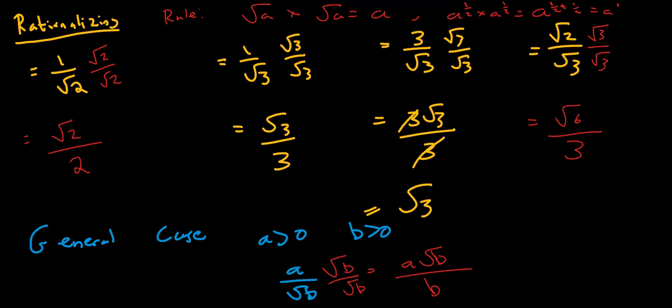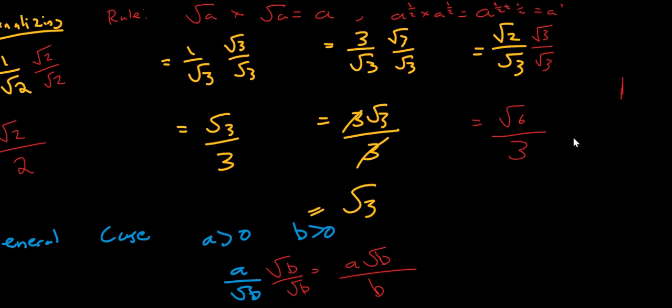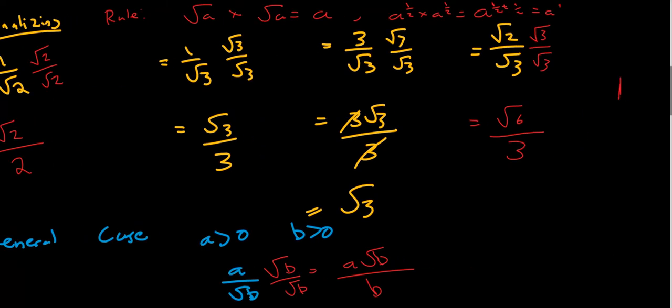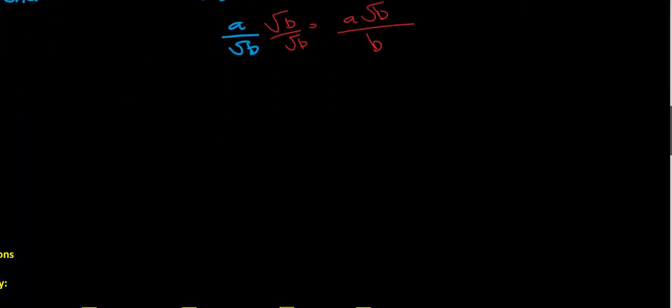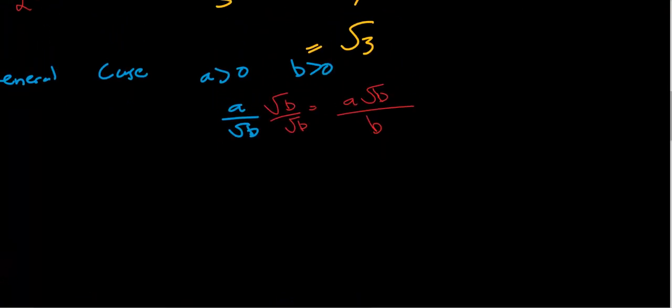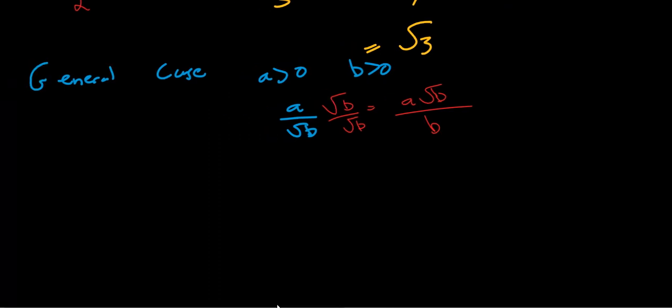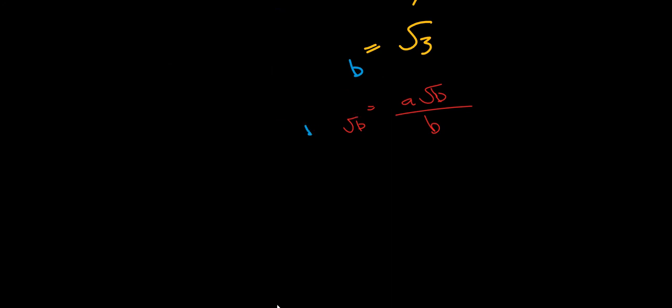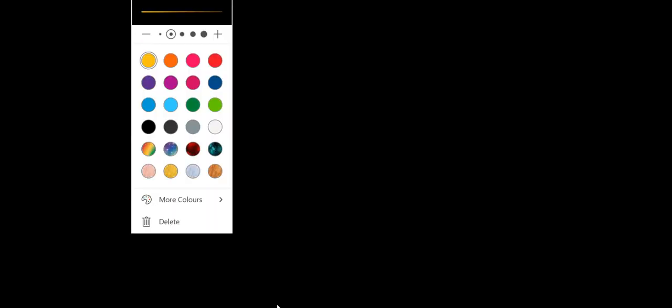Now, before we move on, let's have a look at some misconceptions. Now, there's a lot of misconceptions concerning surds, and I'm going to give this a title of misconceptions. And these are quite important because they're very common mistakes.